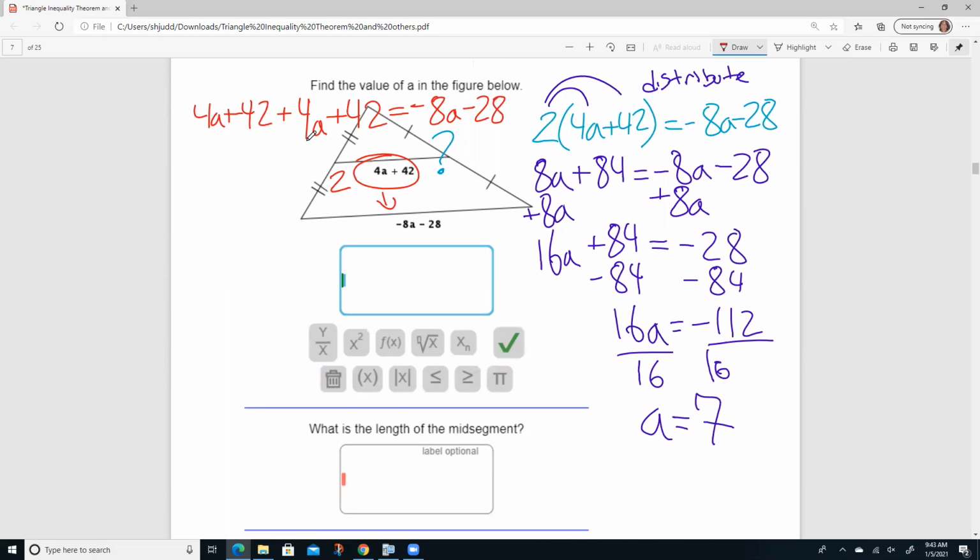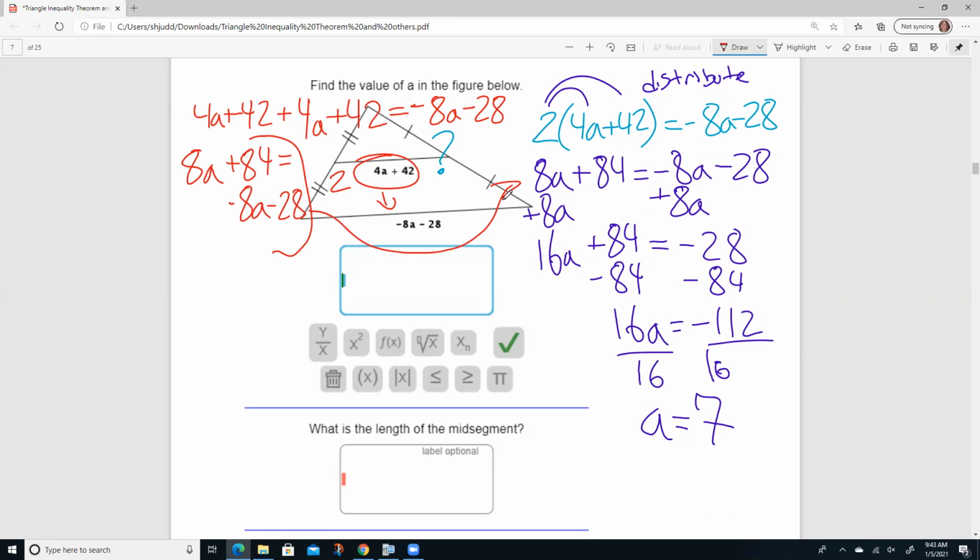And then when you combine like terms over here, you get 4a plus 4a to give me 8a. And we get 42 plus 42 to give me 84 equals, we'd still have our negative 8a minus 28 on the other side. And that will put you in the exact same spot we had over here.